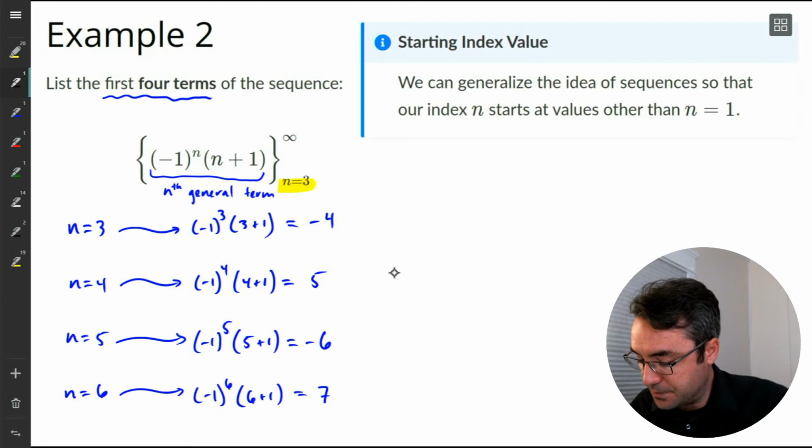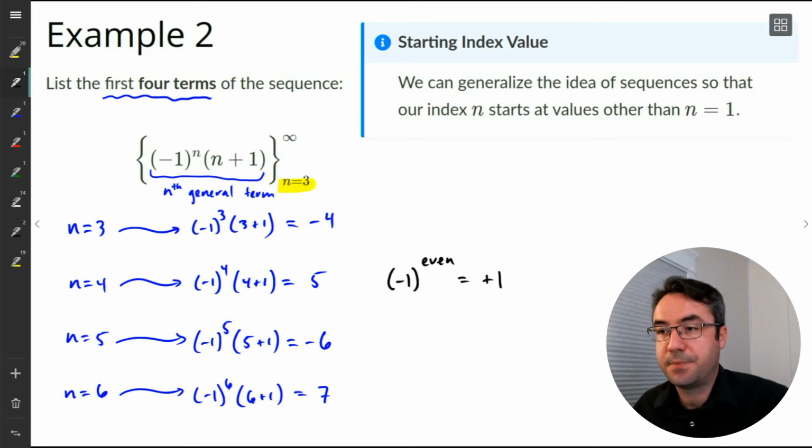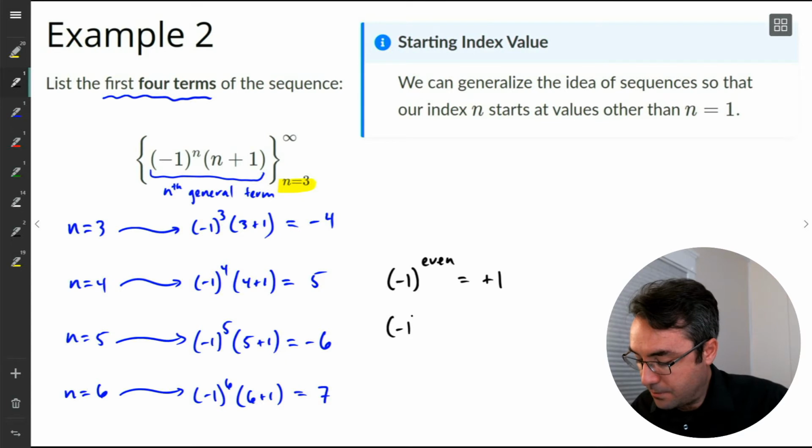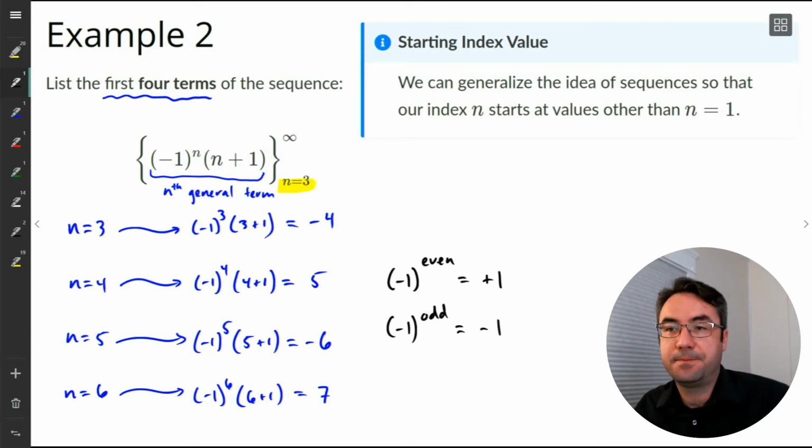So it's going to be helpful to remember -1 raised to an even power is just +1. And -1 raised to an odd integer is -1. And so because our index numbers here are going from odd to even to odd to even, that's what's giving us this alternating negative, positive pattern.